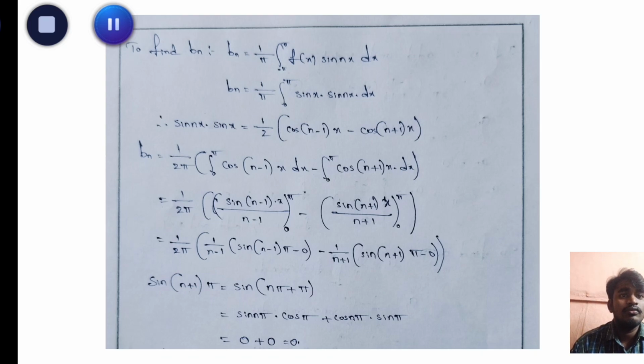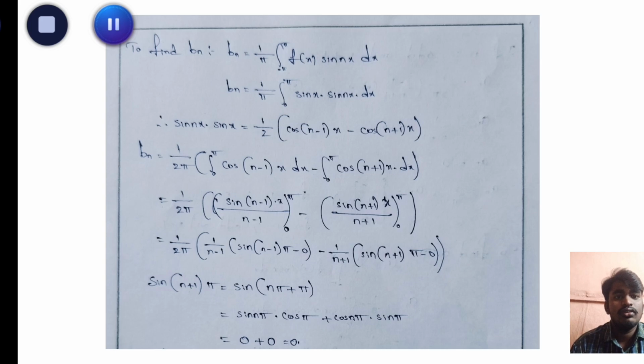To find the value of bn, the formula is bn equals 1 by pi integral minus pi to pi f of x sin nx dx. So bn equals 1 by pi integral 0 to pi f of x equals sin x into sin nx dx. Here sin nx into sin x equals half into cos of (n minus 1) x minus cos of (n plus 1) x.